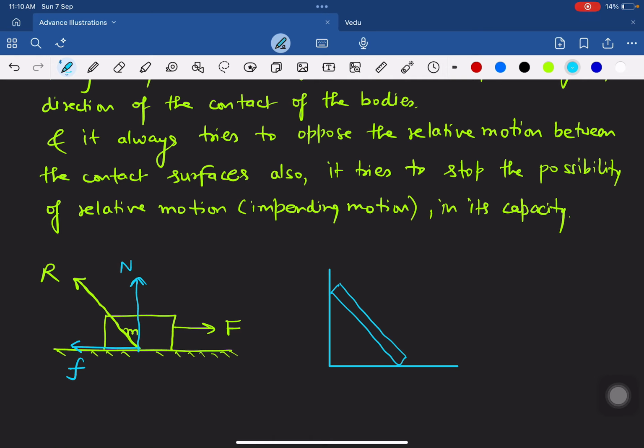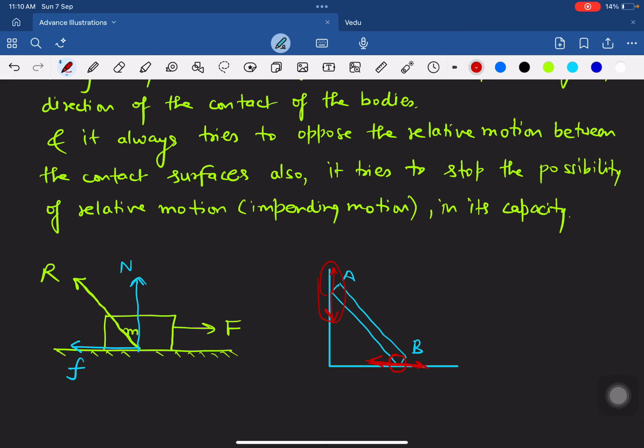So here, if friction would act on end A or end B because of the wall or the floor, the friction direction would be either in this direction or in this direction, depending on the motion type. I hope you're getting my point, because this is the mutual contact surface, and this is the common tangent between these two surfaces.